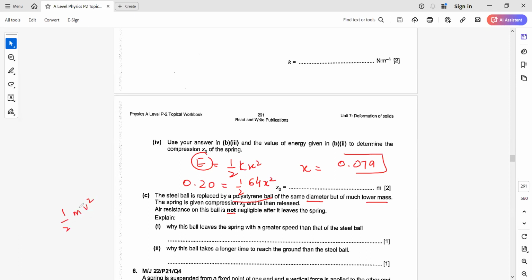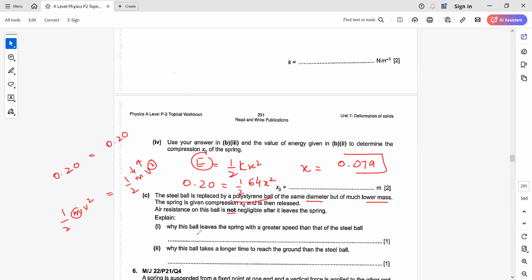So say this is for steel and that's for polystyrene. Say that was 0.20, this is still going to be 0.20 because the spring is the same. So that's the elastic potential energy. If you're decreasing mass, then you have to increase the velocity, and that's for polystyrene. So that's what they're looking for here.